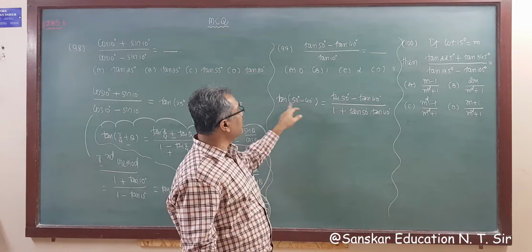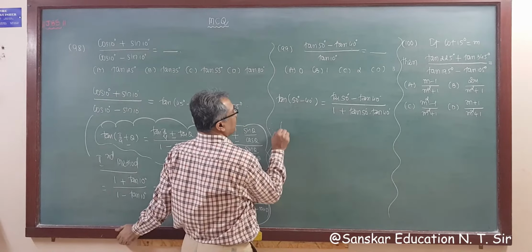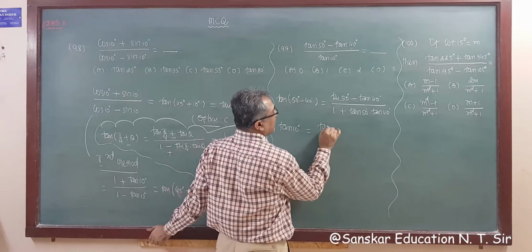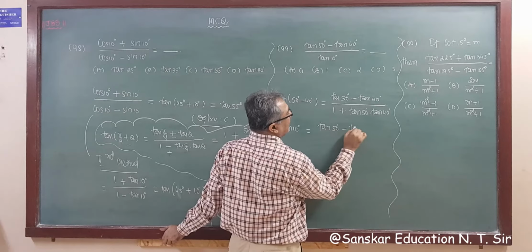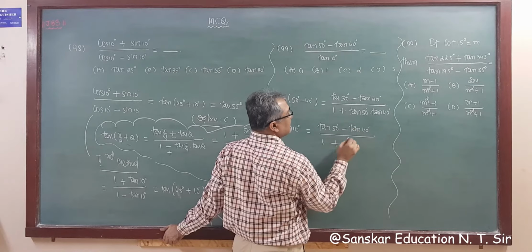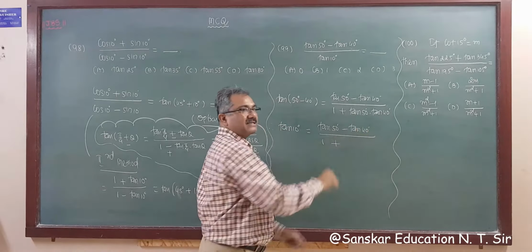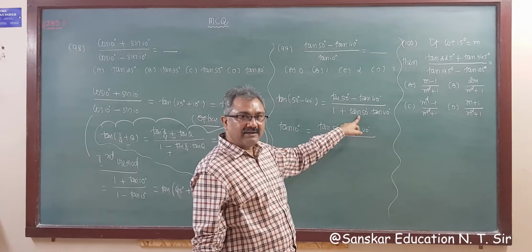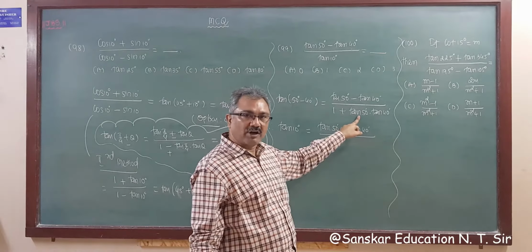Now separating this, what do we get? tan 10 degree is equal to tan 50 degree minus tan 40 degree upon 1 plus tan 50. Can I write it like this, tan 50 as cot 40?